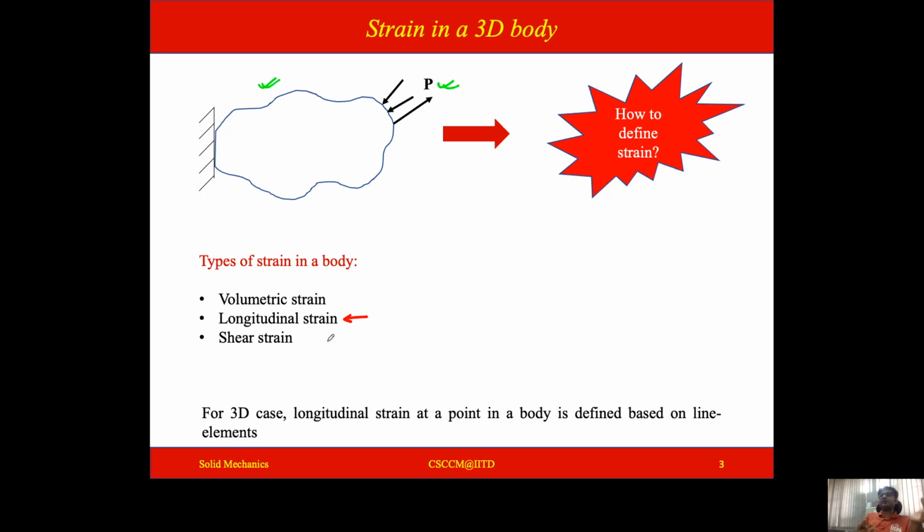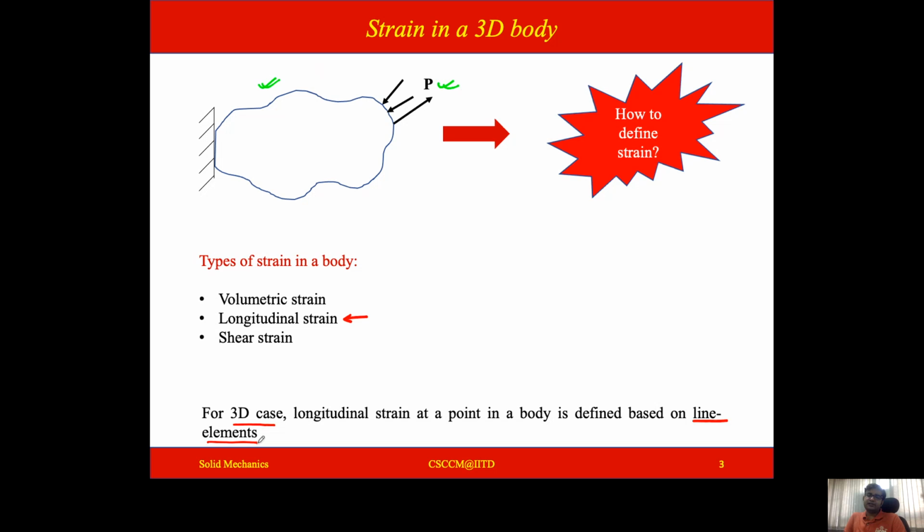So we'll start with longitudinal strain, then we'll talk about shear strain, and at the end we will talk about volumetric strain. But in any case, the take-home message from this slide is that for 3D case, longitudinal strain at a point in a body is defined based on line elements. So stresses were defined based on planes and plane normal. Strains are defined based on line element. So that is the point here.